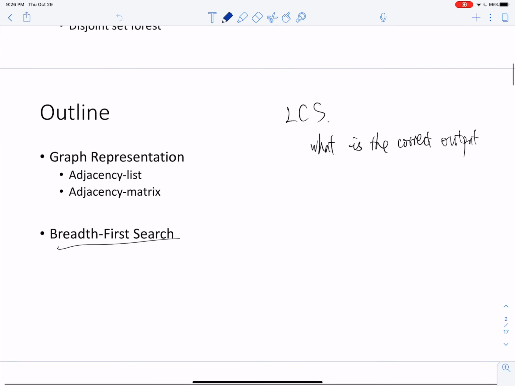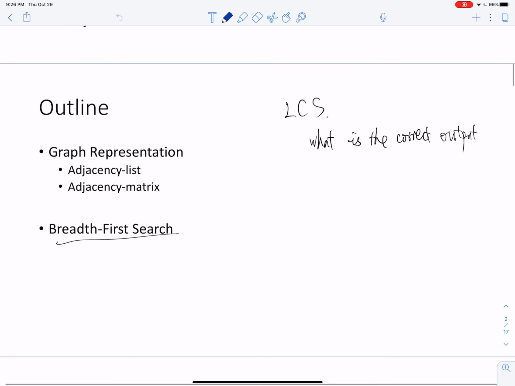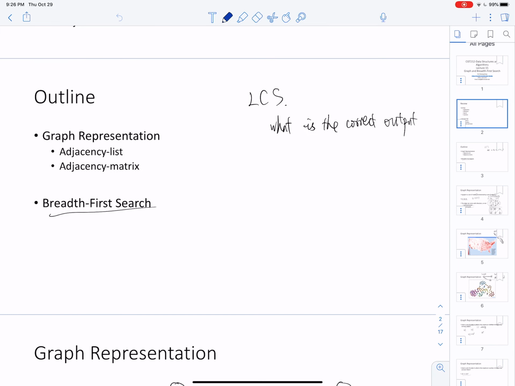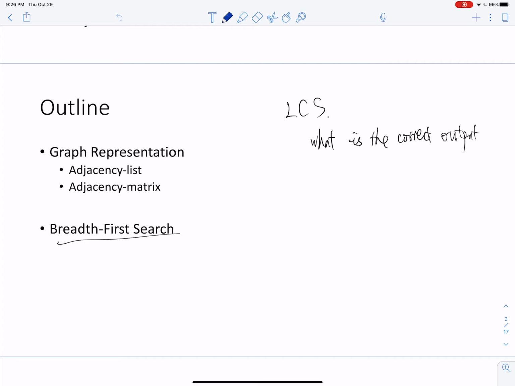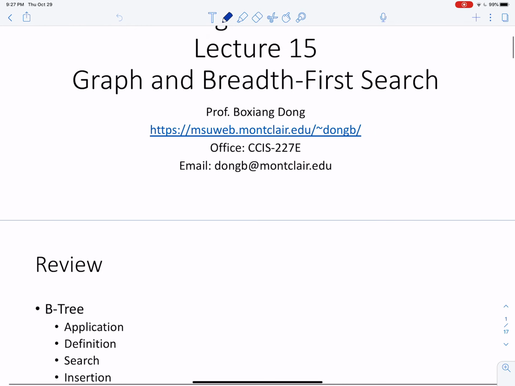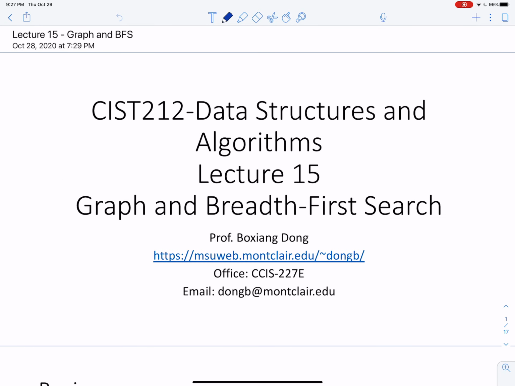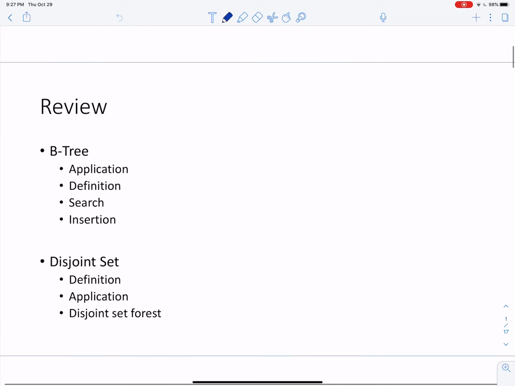As you can see from my previous recordings, I made some notes on it. Before I jump in, today we are going to enter the last section of our course, in which we are going to talk about the graph data structure and the search algorithms inside this data structure.